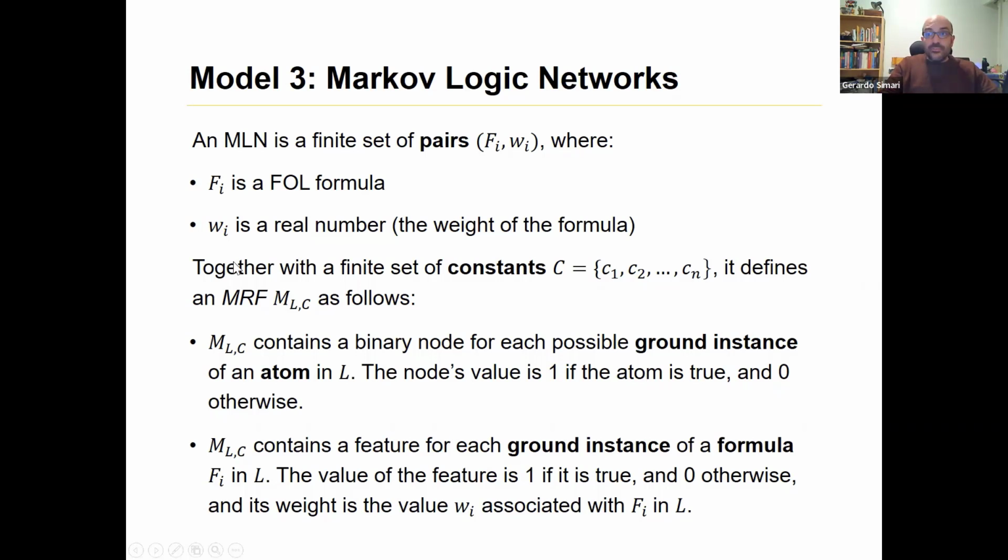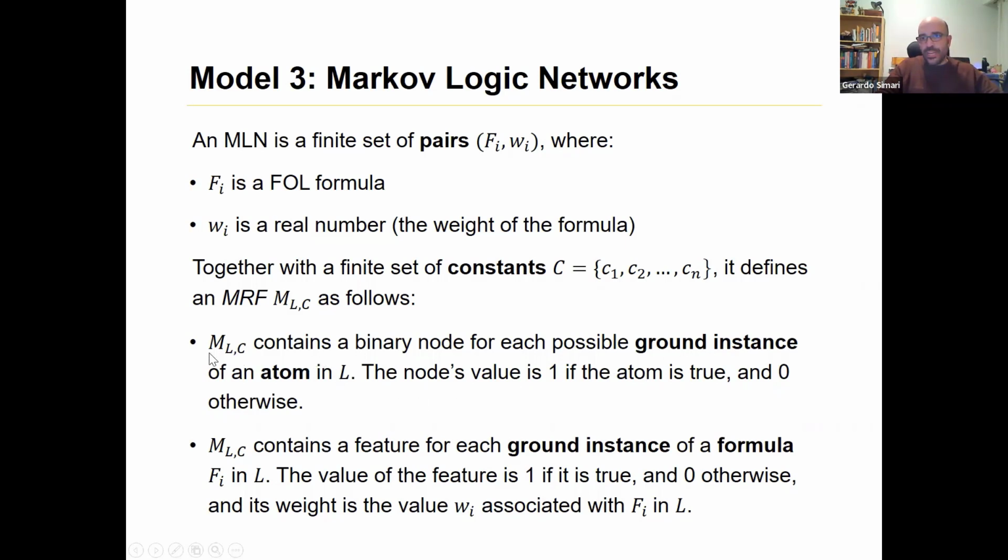Together with a finite set of constants, so we have n different constants, this defines an MRF. It's only a template, so Markov logic is only a template that will generate a Markov random field given a specific set of constants. We'll see a quick example of this in just a second, another very classic example.